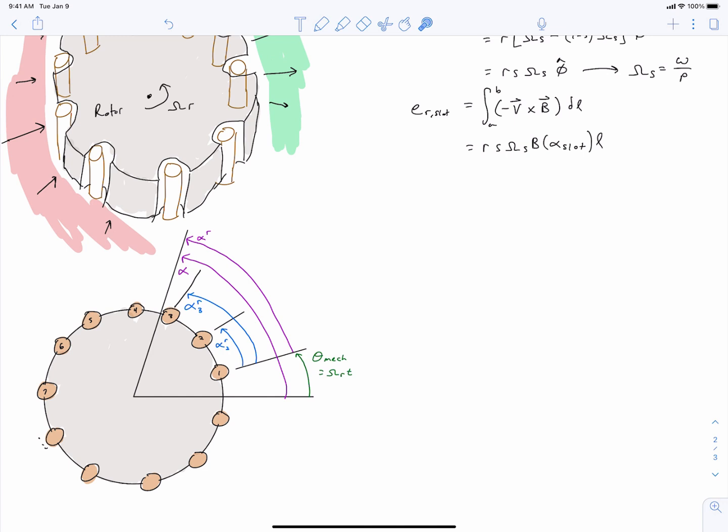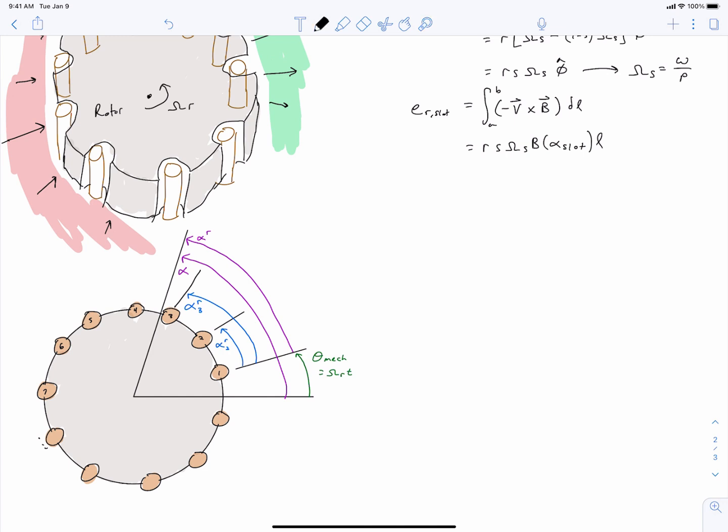Similarly, we're going to talk about our slot locations as each slot being offset from our slot number 1. So we can talk about slot number 2 being located at alpha 2 superscript r radians, or slot number 3 being located at alpha subscript 3 superscript r radians.